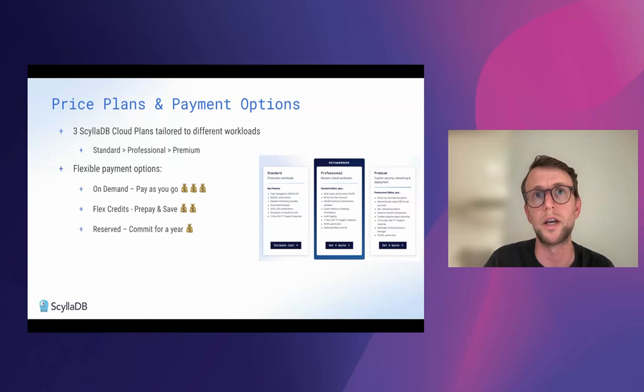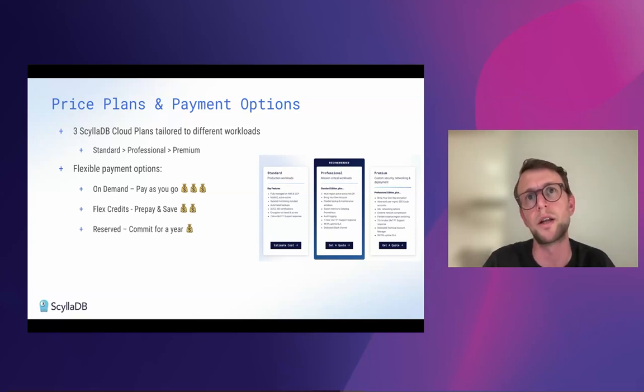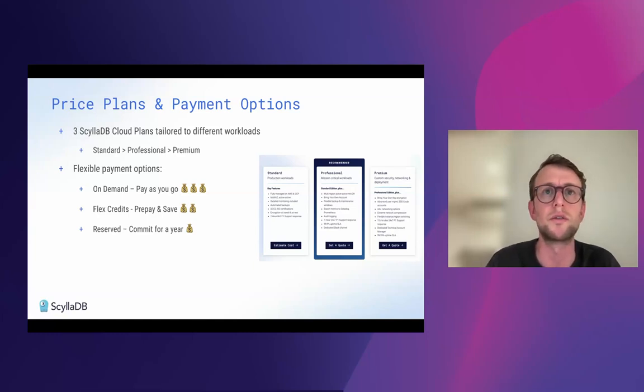Flex credits, on the other hand, let customers prepay for usage of any cluster type at a discounted rate, providing a balance between flexibility and cost saving. And credits can be applied to compute, network, and backup usage, which makes them a great option for organizations with dynamic workloads. And lastly, reserved, which is the most effective option, where customers commit to a full year for a given instance type, securing the lowest possible rates.